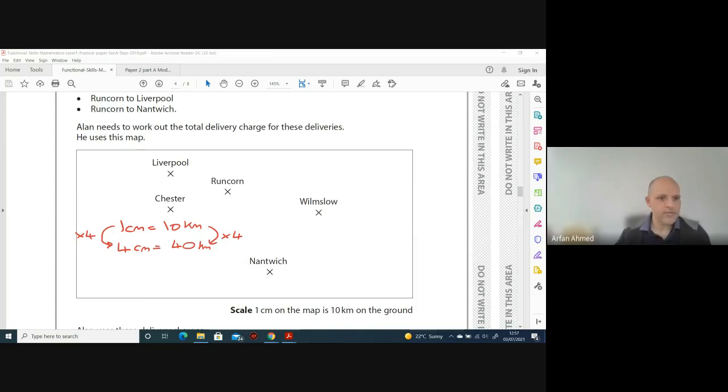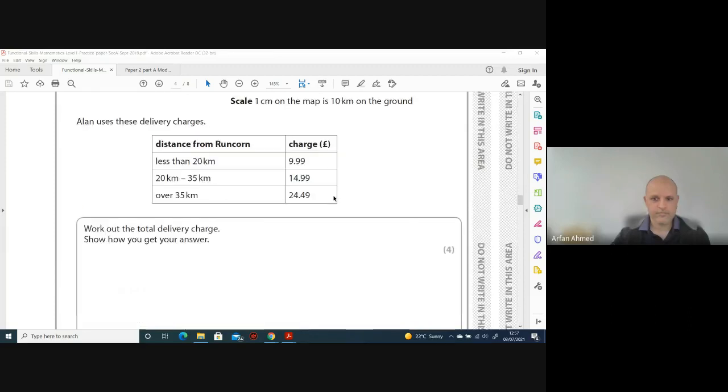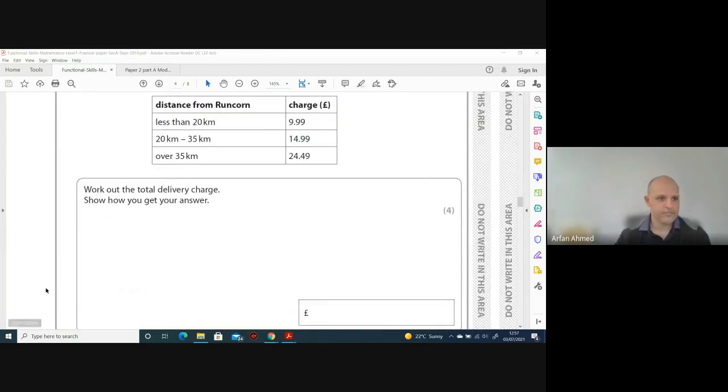Let's have a look at our table. There it is. So we've got 25 kilometers and we got 40 kilometers.